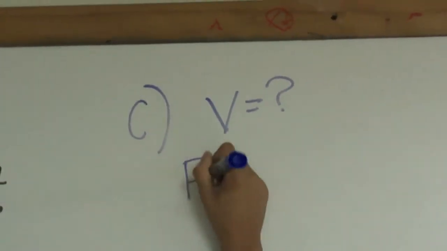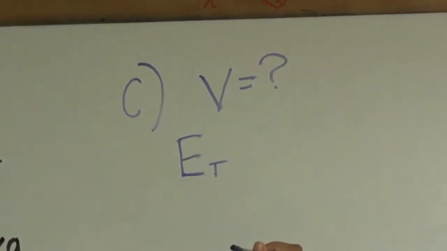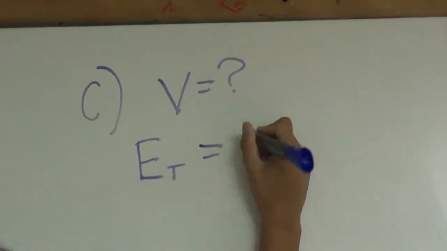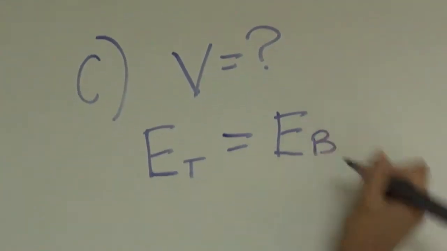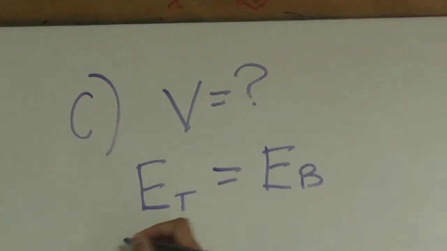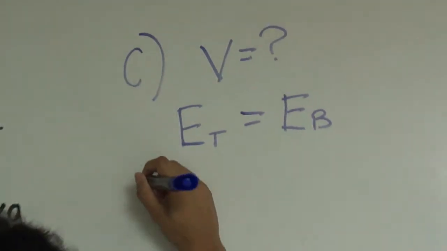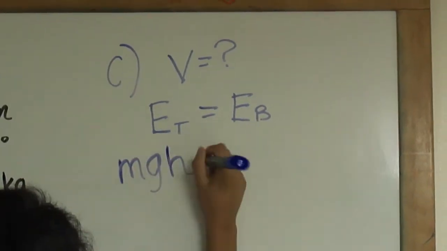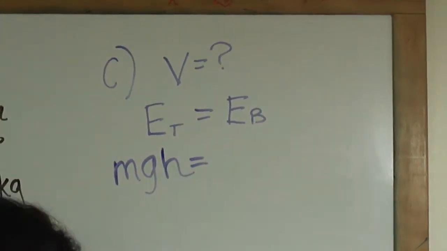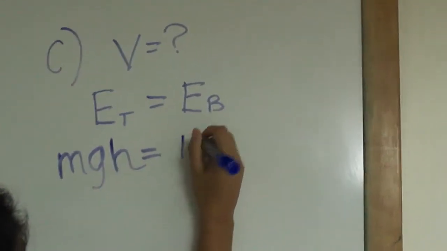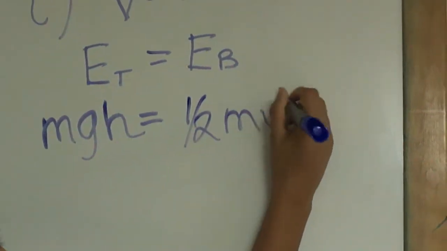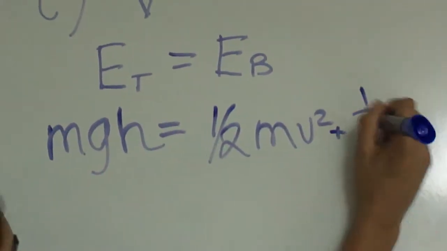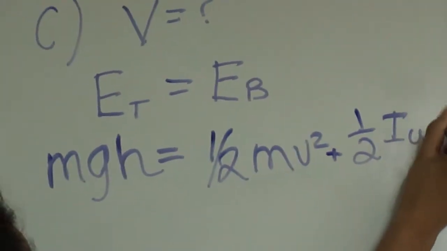So the energy at the top of the roof is going to equal the energy at the bottom of the roof. At the top of the roof, it starts from rest, so it has purely potential energy. For now, we'll just use the general formula: mgh equals 1/2 mv squared plus 1/2 I omega squared.